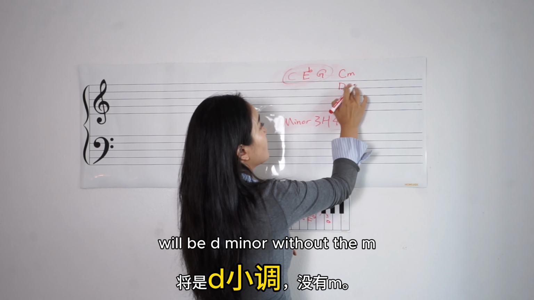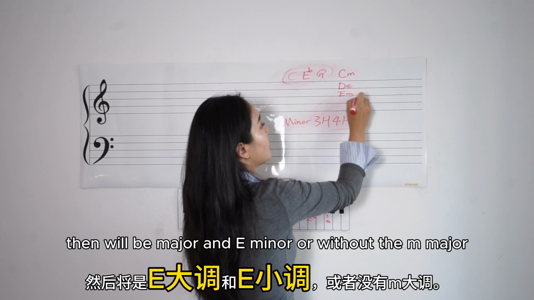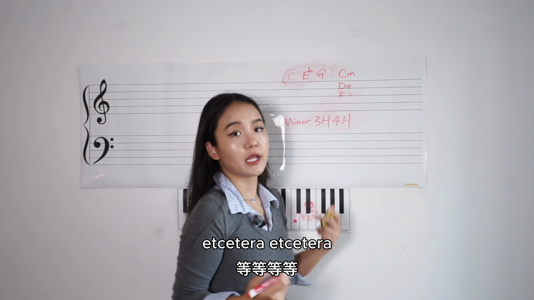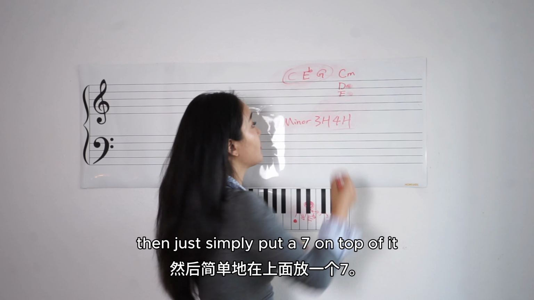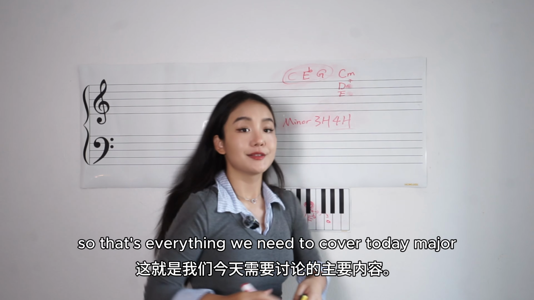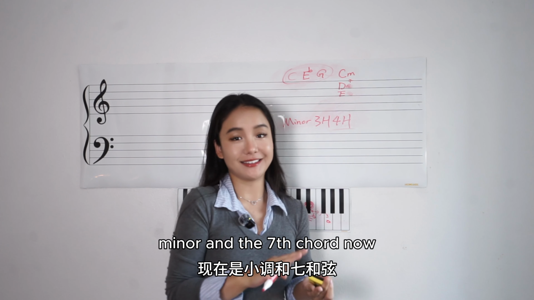Without the m, it will be major. And E minor, or without m, major, etc. And then if you want to have 4 notes in this chord, then just simply put a 7 on top of it. So that's everything we need to cover today: major, minor, and the 7th chord.